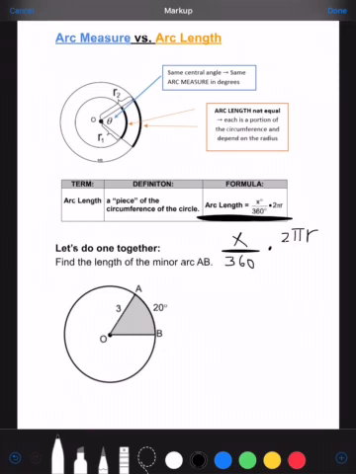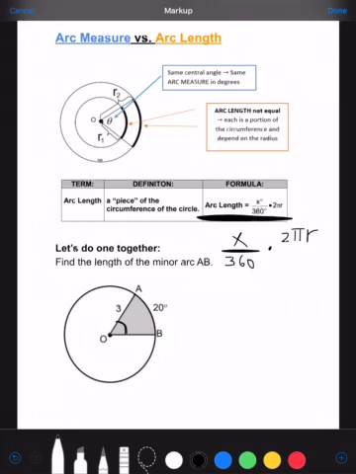So if we go to this exercise and we start plugging in this information, or instead of just plugging in, let's analyze it a little bit while plugging in. We see that the central angle here is going to be 20 degrees, right?